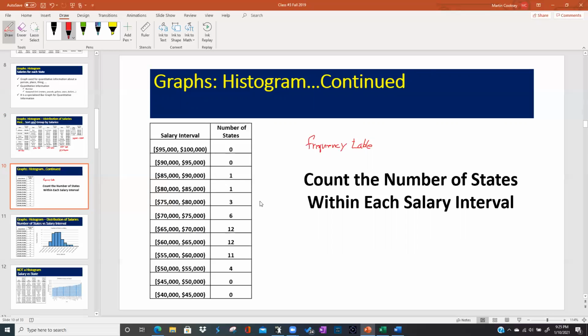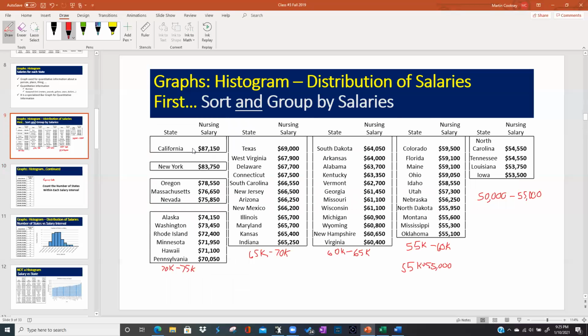So if we go through and count the number of states that ended up with median salaries in each of these salary intervals, if we take a look at 70K to 75K, I have 1, 2, 3, 4, 5, 6.